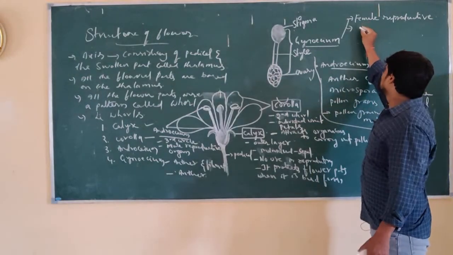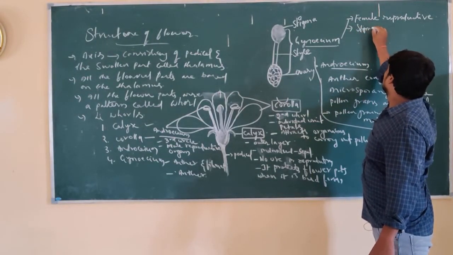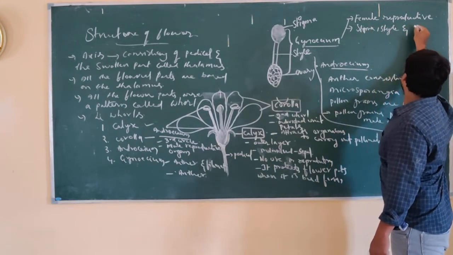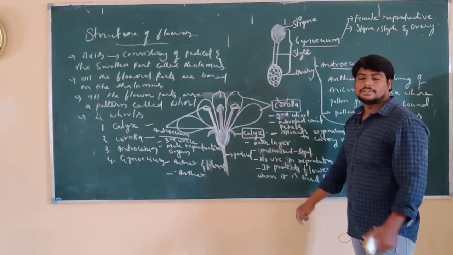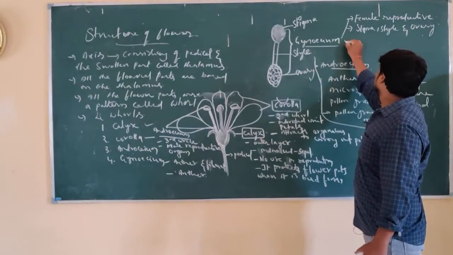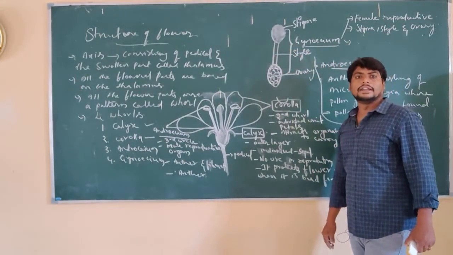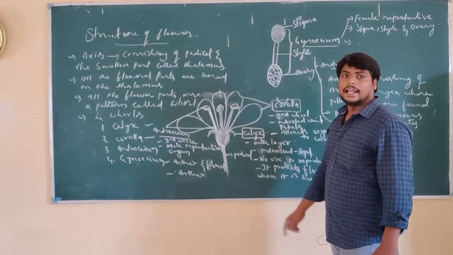So it is consisting of stigma, style and ovary. If you observe the structure of the gynoecium, the stigma is the main part where it receives the pollen grain from the anther.